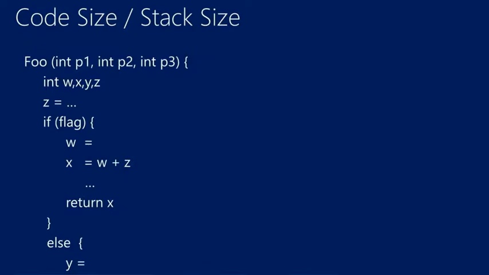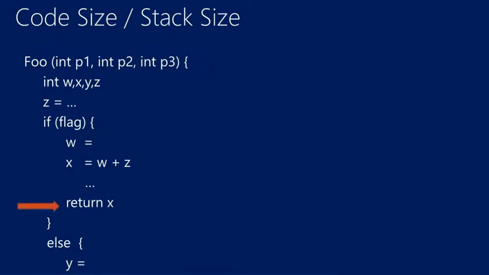So this is an example of a program where we're going to do something called stack packing. And if you look, it's got 4 local variables, sorry. W, X, Y, and Z. So we could, if we had to, create just 4 stack slots, 4 locals.